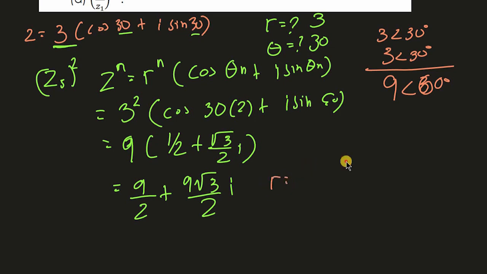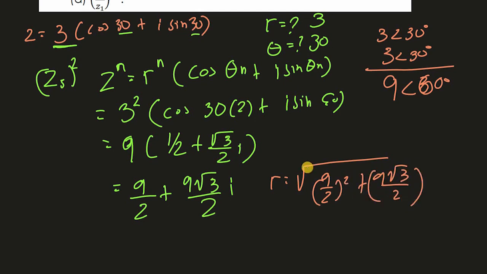R is equals to square root of 9 over 2 square plus 9 square root of 3 over 2 squared. Okay? So square natin yan. Kung yung result niyan is 9, tama tayo. So square root of, at ang result natin ay, yes, tama po, ang r is equals to 9.